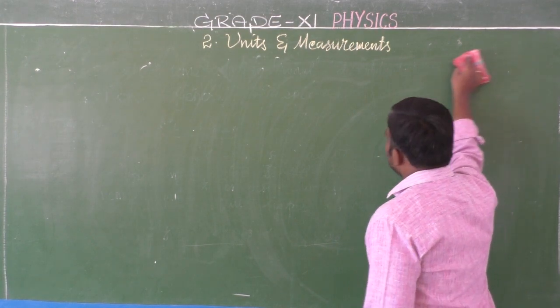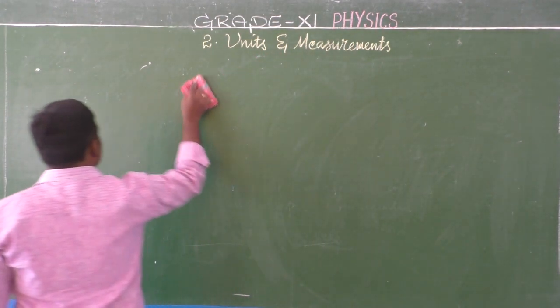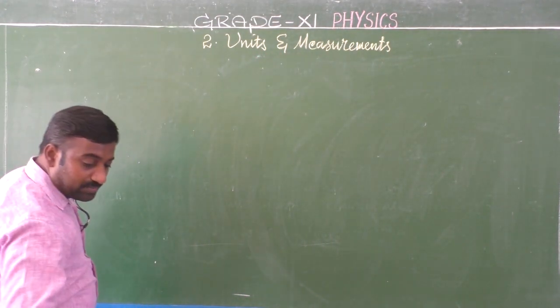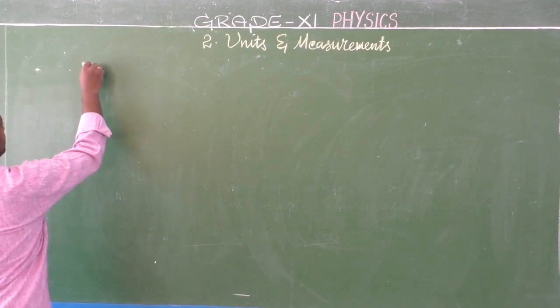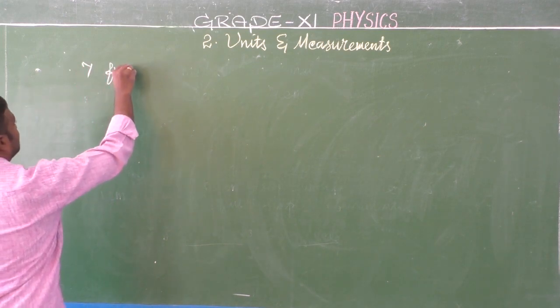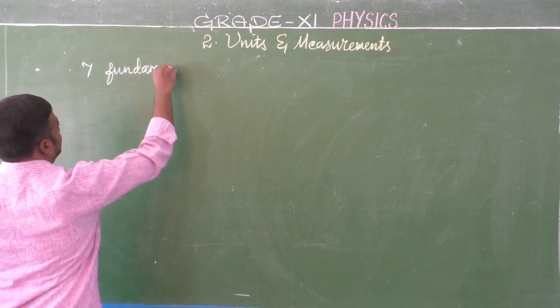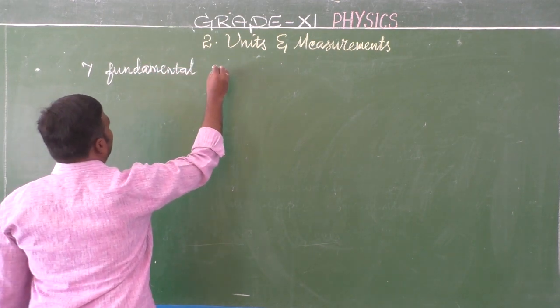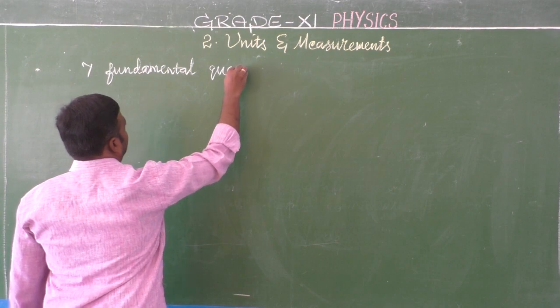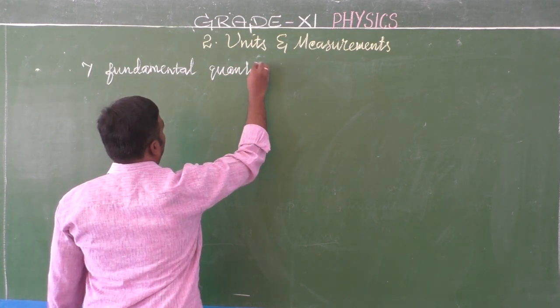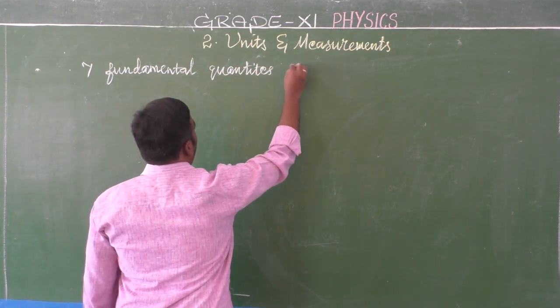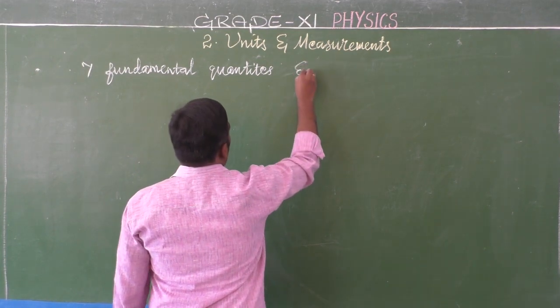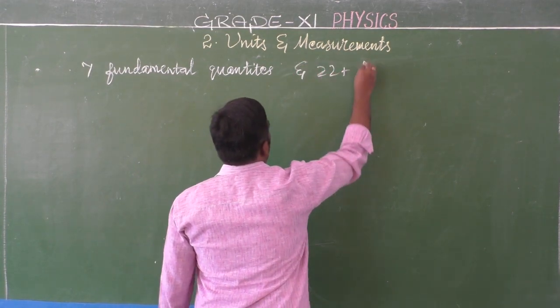At the time they introduced 7 fundamental quantities and 22 plus derived quantities.